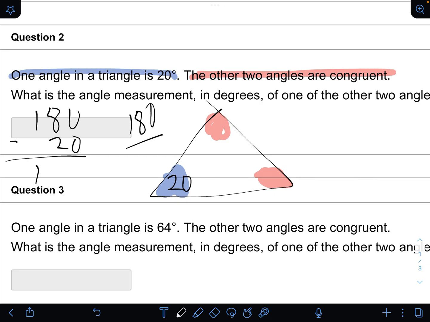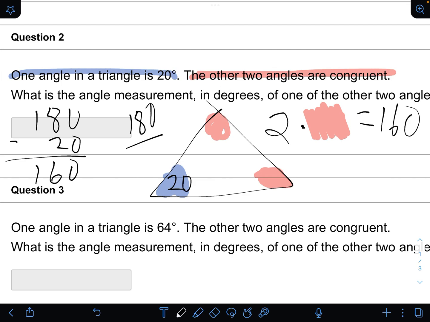If one angle is 20, and I get rid of that one angle, how much is left over? 160. So the two reds add up to 160, and they're the same. Can you think of a number plus itself that would give you 160? Or you could say 2 times something gives you 160.